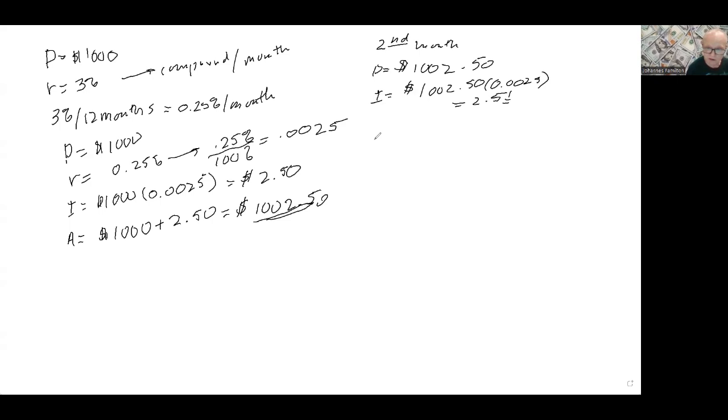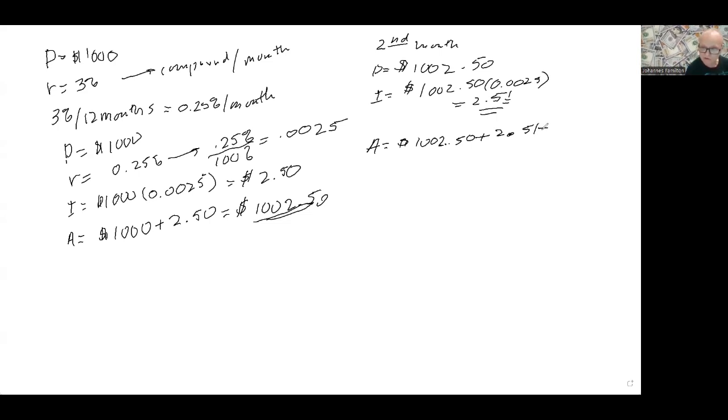So our accumulated balance, A, here in our second month now, is $1,002.50 plus our new interest, $2.51.